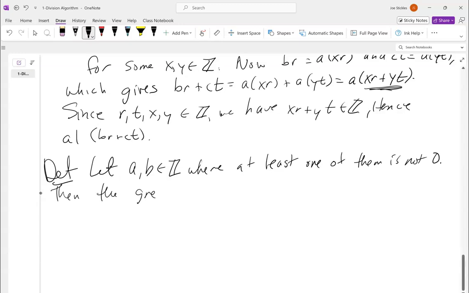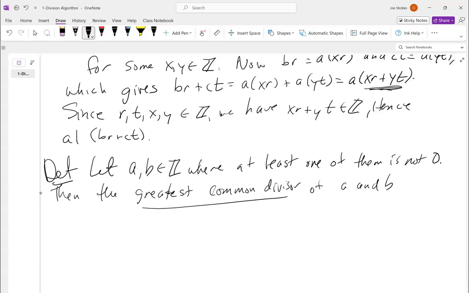Then the greatest common divisor of A and B, usually we say GCD, just for short, right? Use the acronym. We also use a notation that you're probably not going to like very much because it can get confusing later on. I'll write it down in a minute.